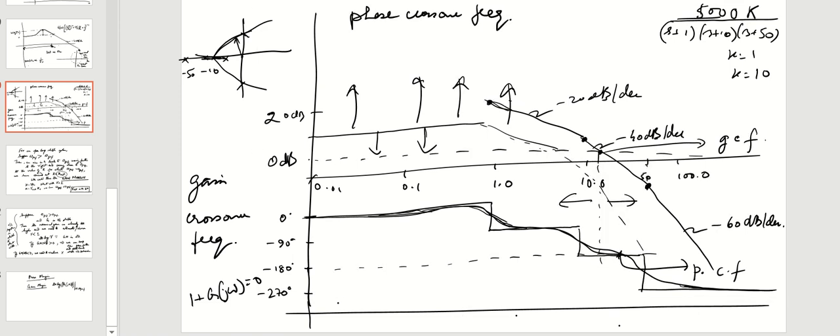If you take this phase crossover frequency here and extrapolate, maybe somewhere here, then this is the amount by which you can still raise the gain. So the gain margin is evaluated at the phase crossover frequency. At the phase crossover frequency, this is the amount of gain that you can still add so that this point lies exactly on the 0 dB line.